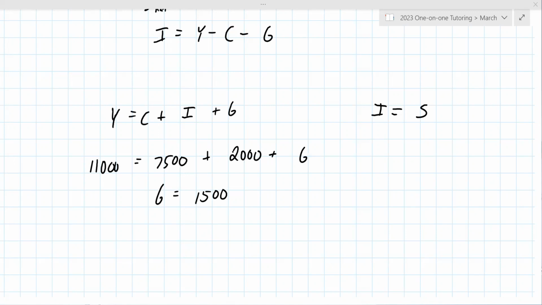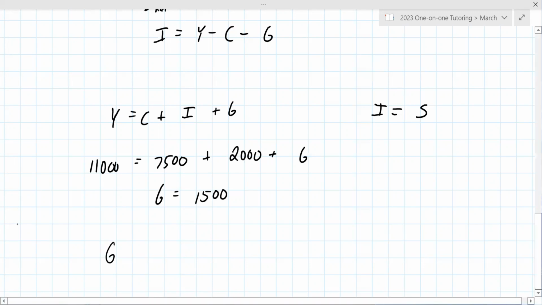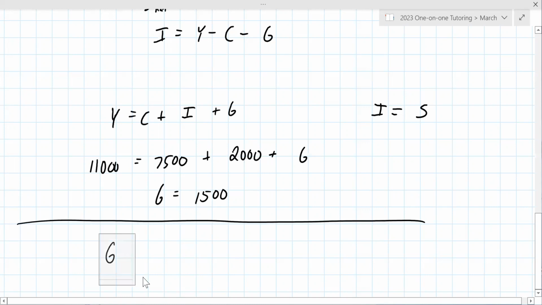Okay, I found something. So here it's Y, G, you get G equals 1500, but then you have to do T minus G minus TR is equal to, G is equal to 500, because that's what taxes are apparently equal to.